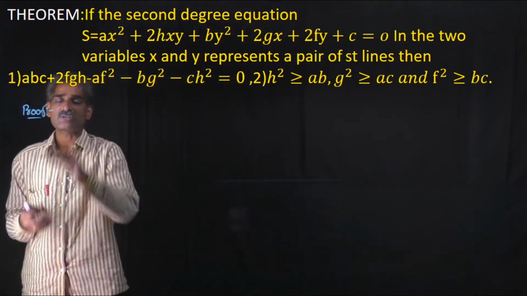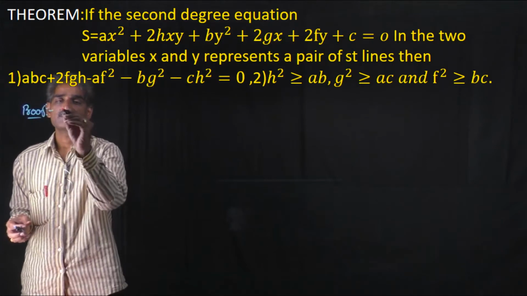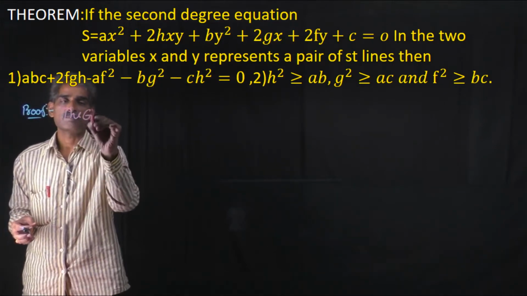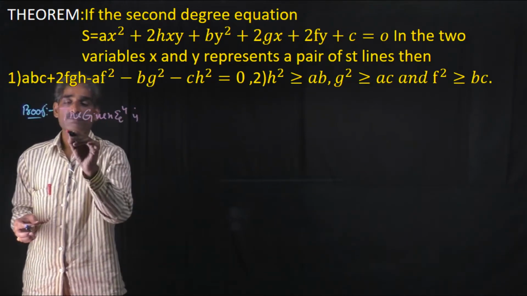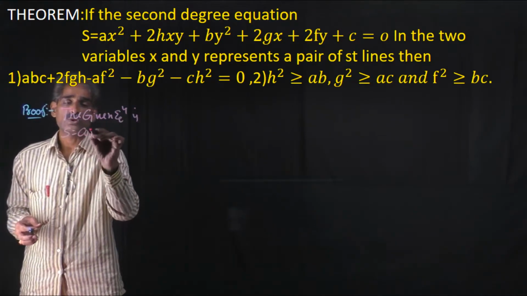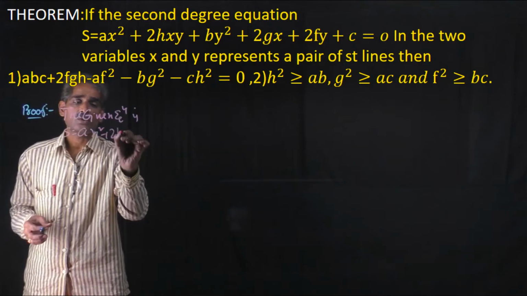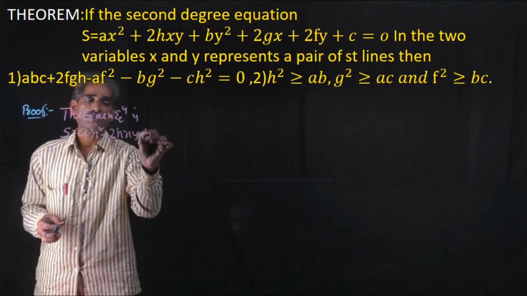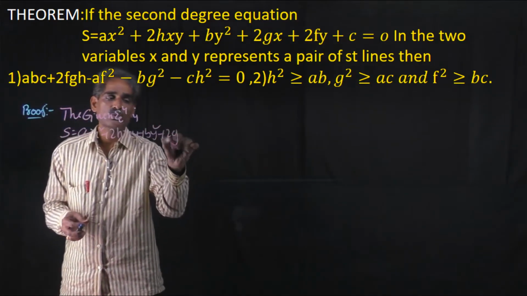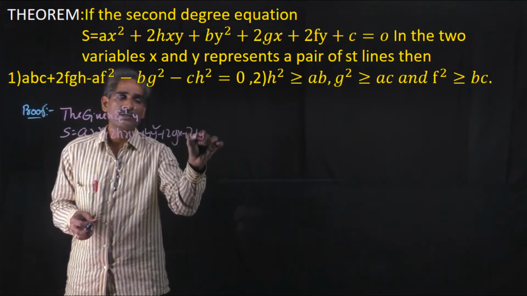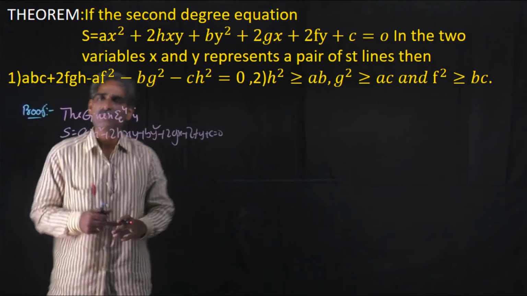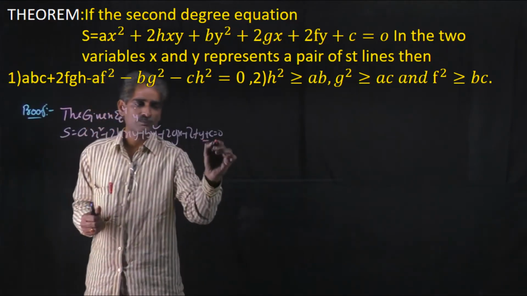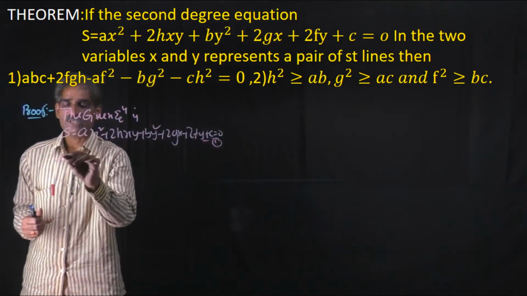The given equation is S is equal to ax square plus 2hxy plus by square plus 2gx plus 2fy plus c equal to 0. So we have given that this represents a pair of lines. Let us assume separate equations for this.